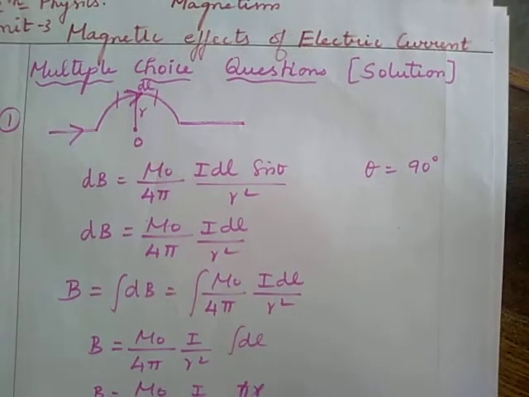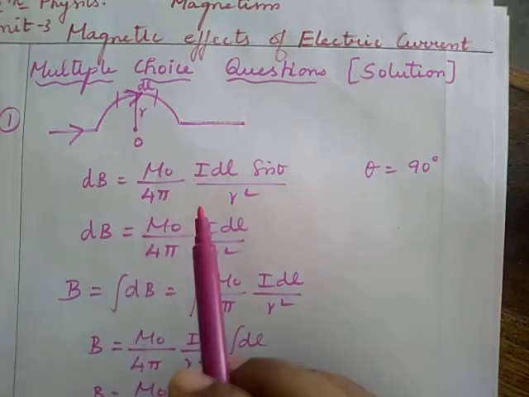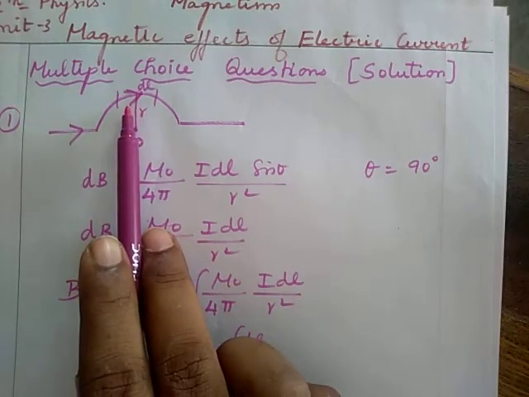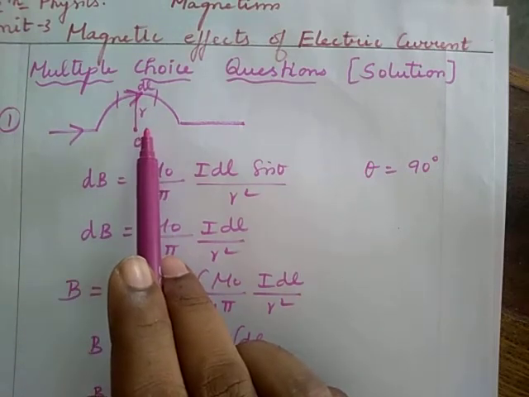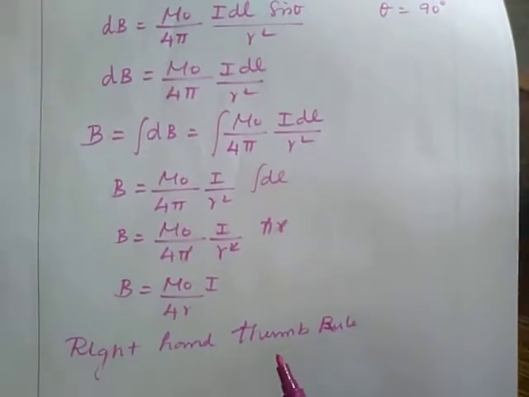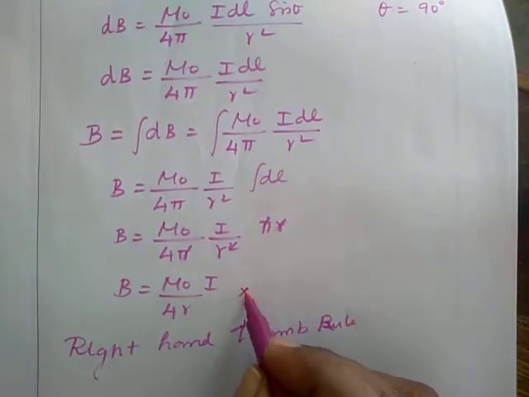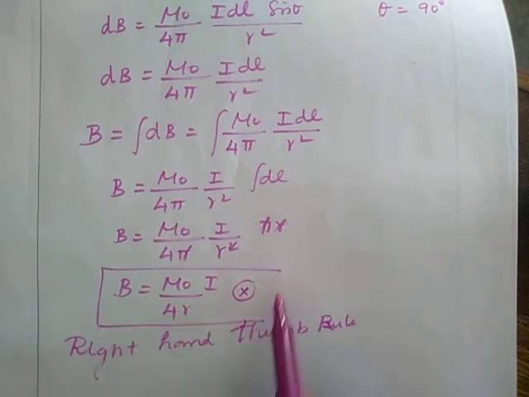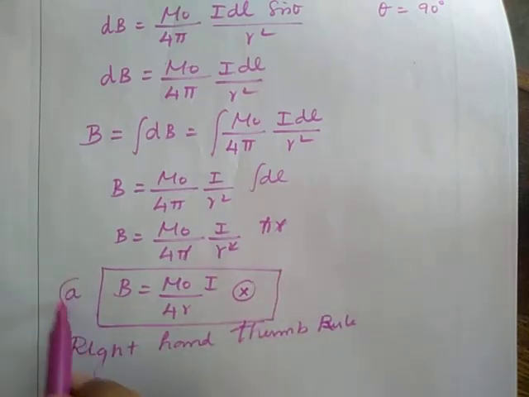The extended thumb indicates the direction of the current, and the fingers encircling the conductor indicate the direction of the magnetic field. So, applying the right hand thumb rule at the point O, due to the current carrying conductor, the magnetic field is going into the sheet. So it is indicated as cross. This is the answer for the first question. So option A is correct.